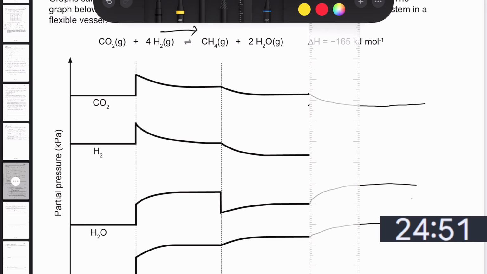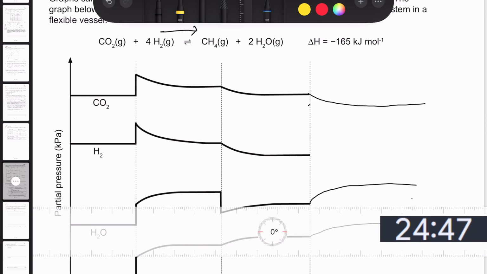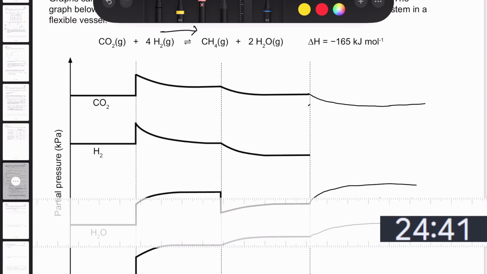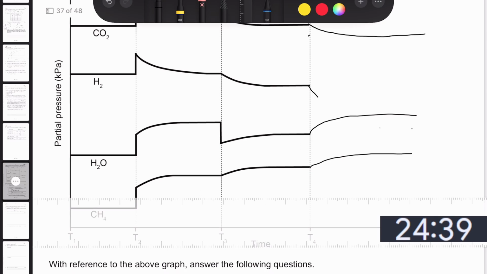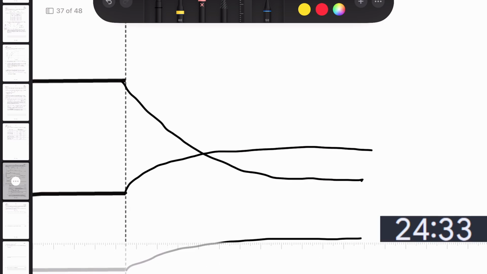My H2's got to go down a lot more. There. And then all of these will just be nice straight ruled lines.